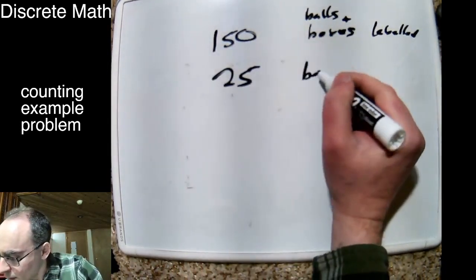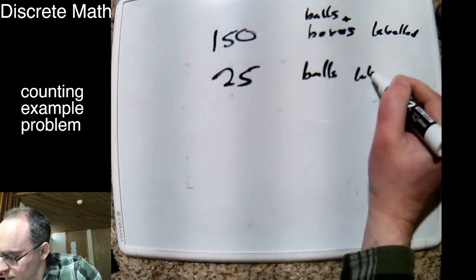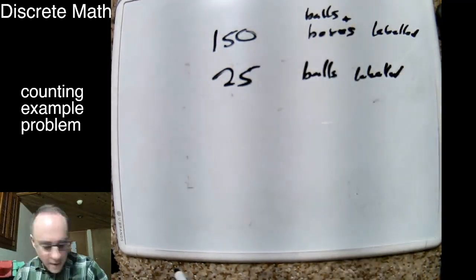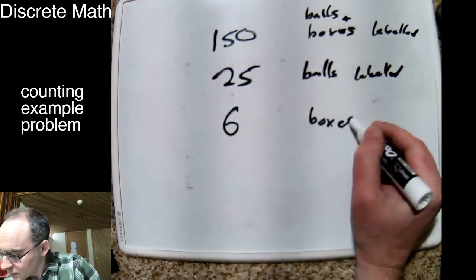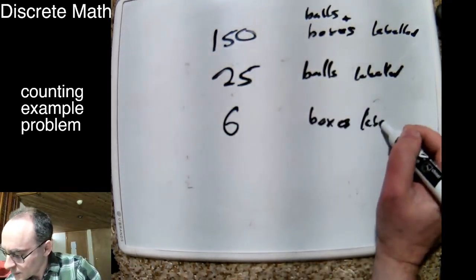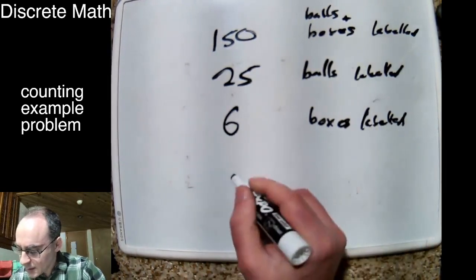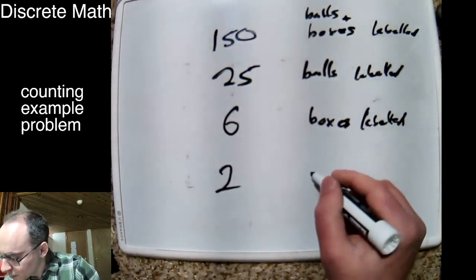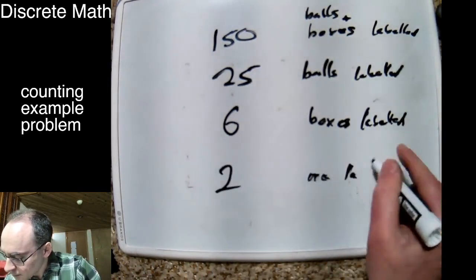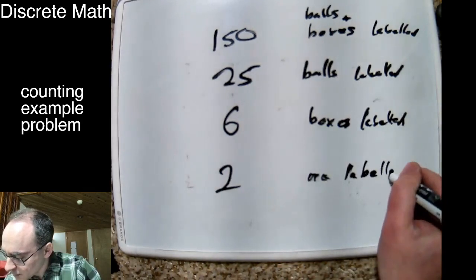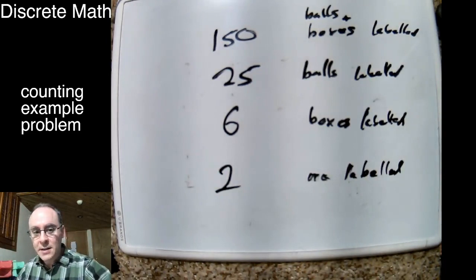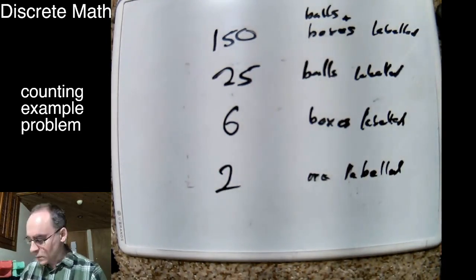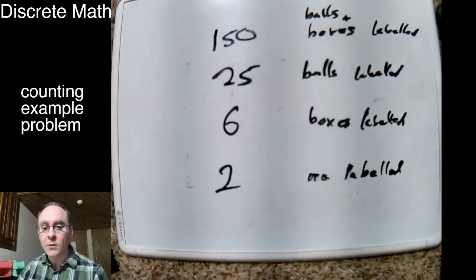If just the balls are labeled, there's 25 possibilities. If just the boxes are labeled, there's 6 possibilities. And then we said if nothing's labeled, there's only 2 possibilities. And that was 5 objects in 3 boxes with the restriction that each box have at least 1 object.